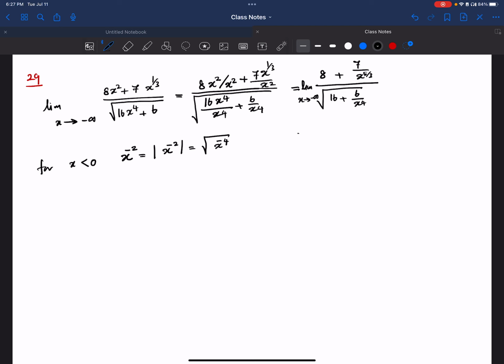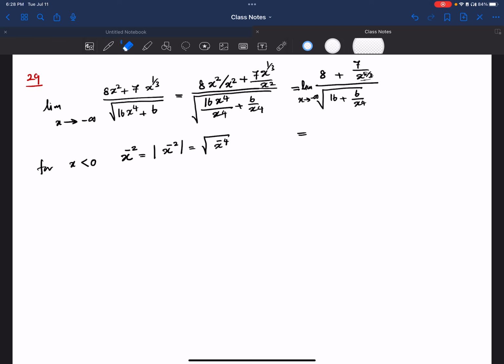When x goes to negative infinity, this power is negative, so that term goes to 0.